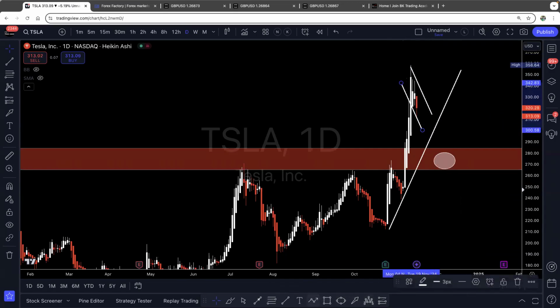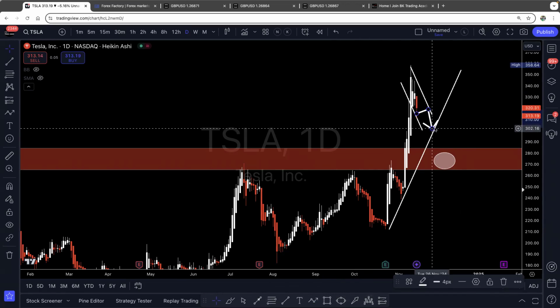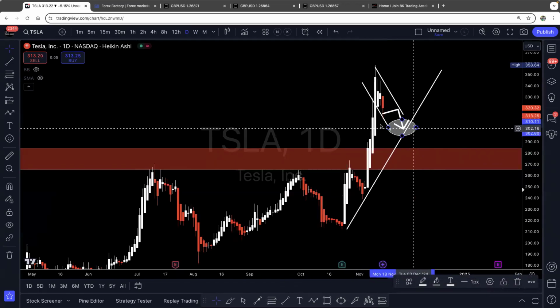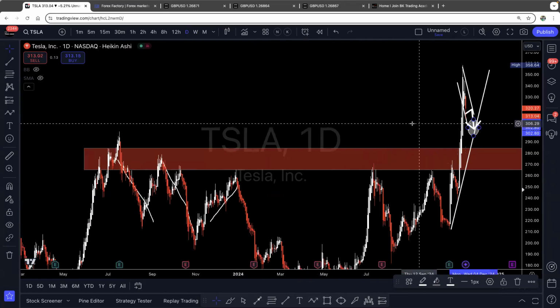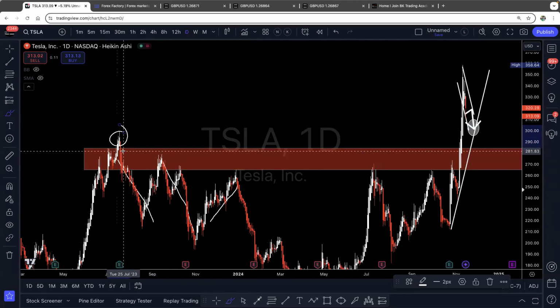If it comes back to my trend line and does something like this, I'm buying right here. To me, the problem with that is there's no price action here when I look left. There's no dominant price action at this area right here. Maybe something like this here, but to me, I need a further discount.